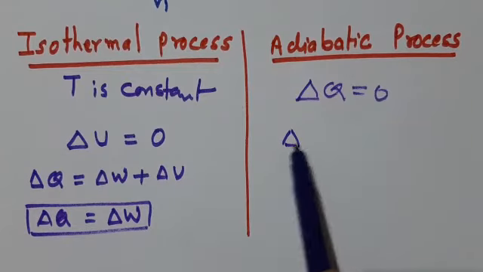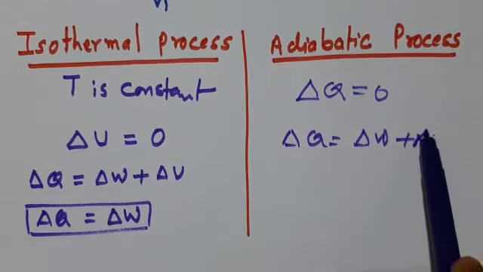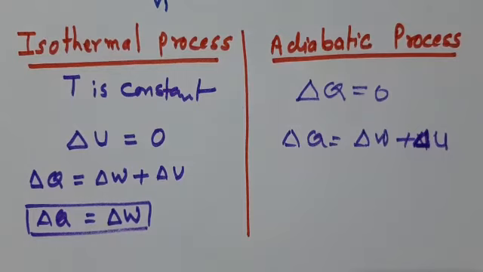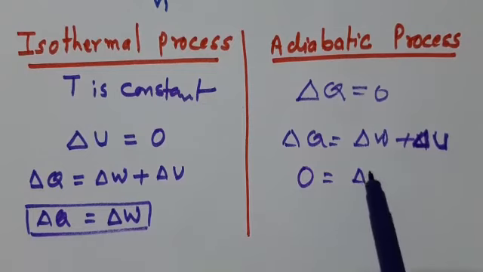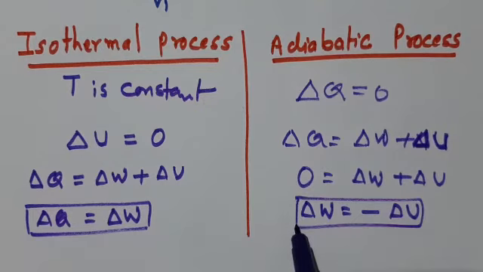By the first law of thermodynamics, delta Q equal to delta W plus delta U. Now delta Q equal to 0 is equal to delta W plus delta U. Now delta W equal to minus delta U. Here the work done by the system is equal to the decrease in internal energy.